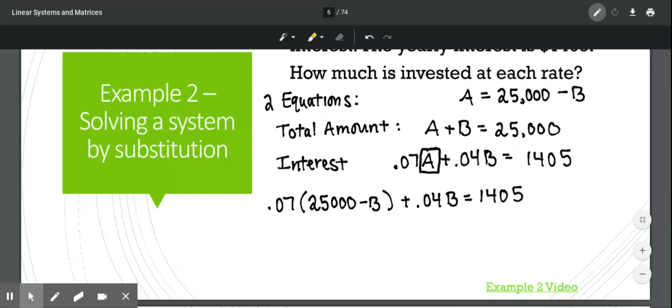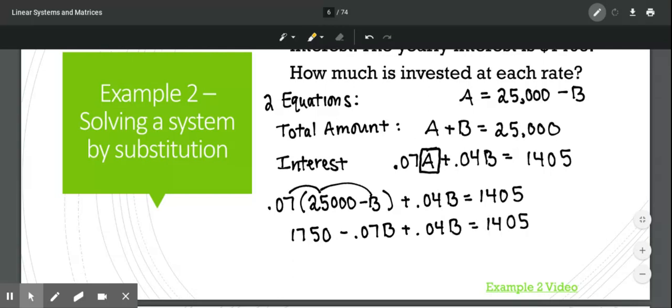And now you just have an algebra problem. You have to solve for B. So we have to distribute the 0.07 through. If we do 25,000 times 0.07, we get 1750 minus 0.07B plus 0.04B equals 1405. Combine your like terms.